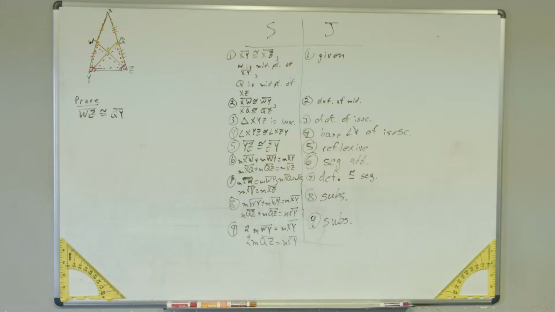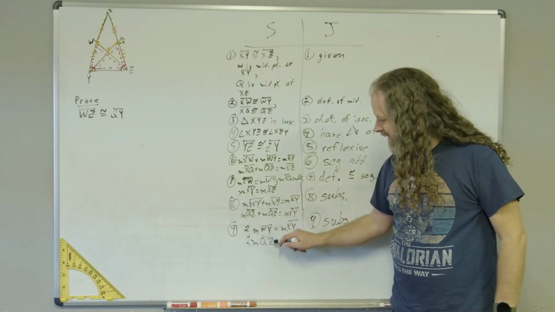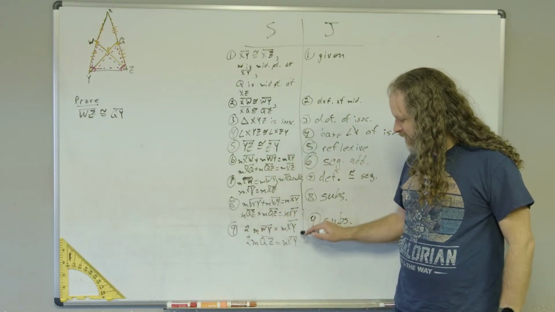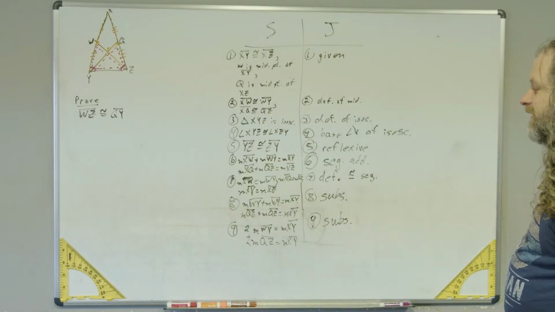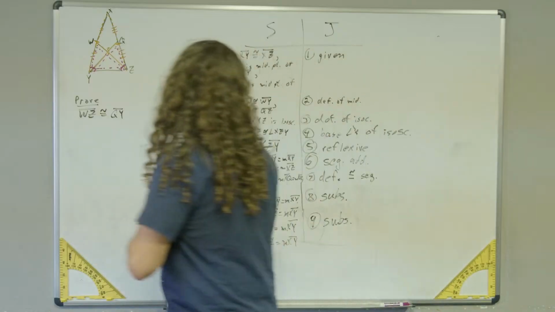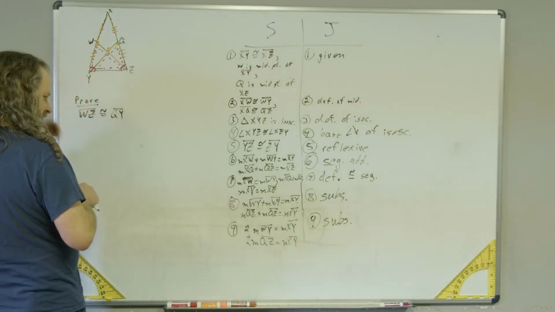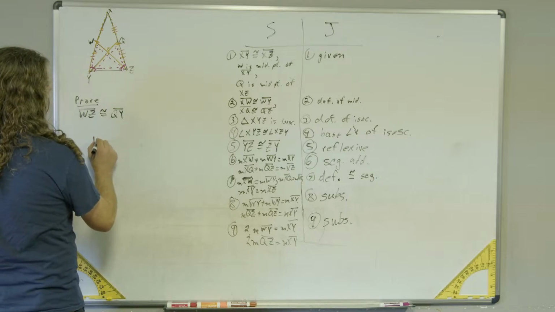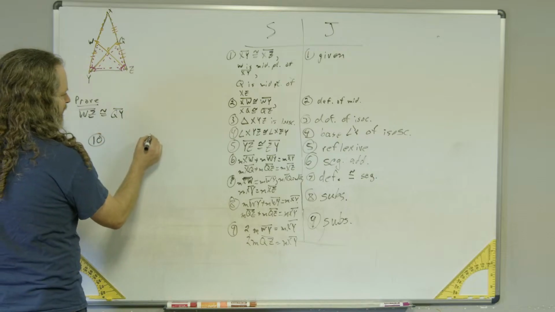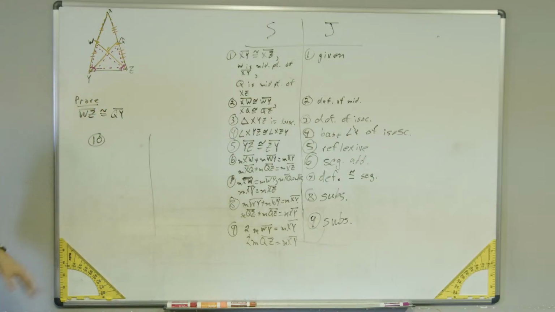Pretty much, almost, we're getting close. What can we do with this side and this side since they're equal to the same thing? They are equal. What property is that? You would think substitution, but stop and think for a minute, because this is actually the property that says if A equals B and B equals C, then A equals C. What property is that?